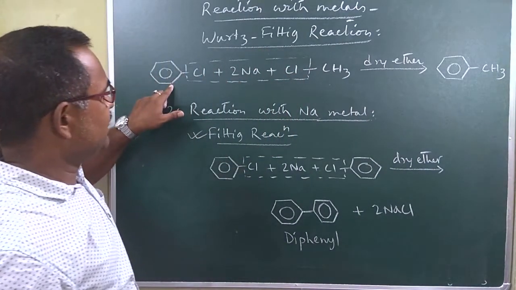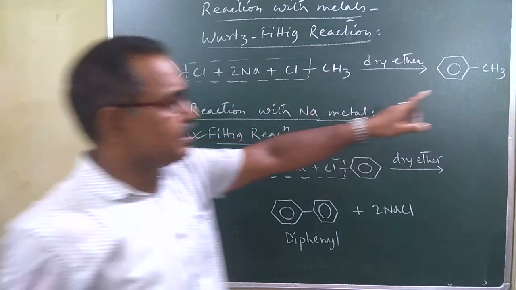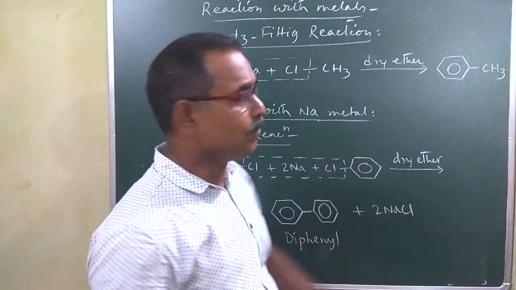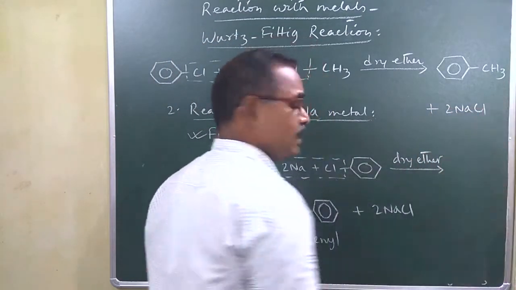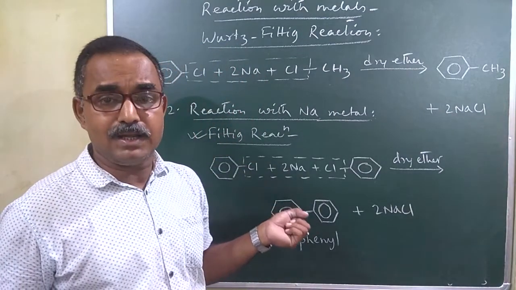Okay, this is an aryl halide, this is an alkyl halide. As a result of this reaction, we will have alkyl-arene, methyl benzene or toluene, plus twice NaCl. So this finishes the reactions of aryl halides.